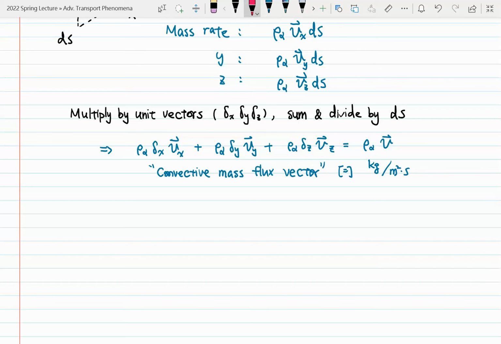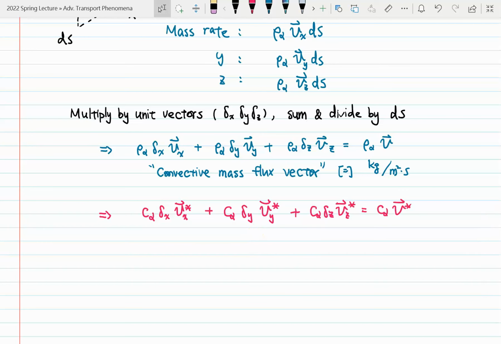Again, we always like to use the molar flux, right? So for chemical engineers, we like to use the molar flux vector. So if you look at that, we get C alpha delta x Vx, use a star to represent molar velocity, plus C alpha delta y Vy star plus C alpha delta z Vz star, and it equals to C alpha times V star.